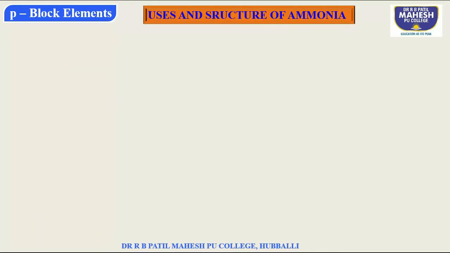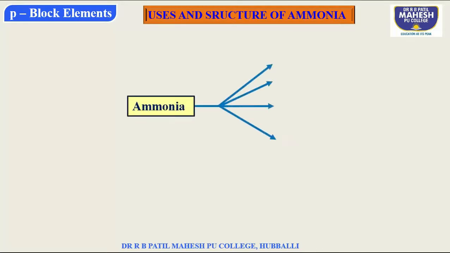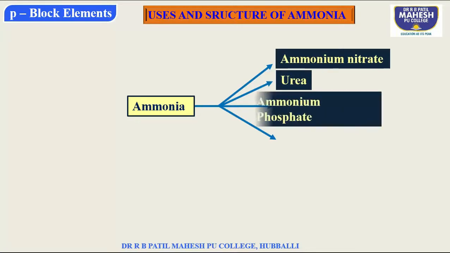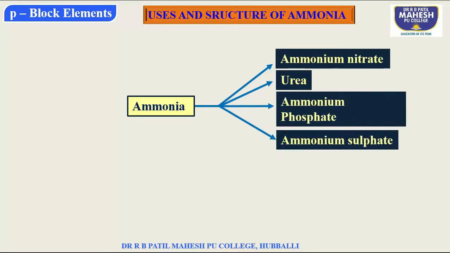Uses and structure of ammonia. Ammonia is mainly used in the manufacture of fertilizers in the form of ammonium nitrate, urea, ammonium phosphate and ammonium sulfate.